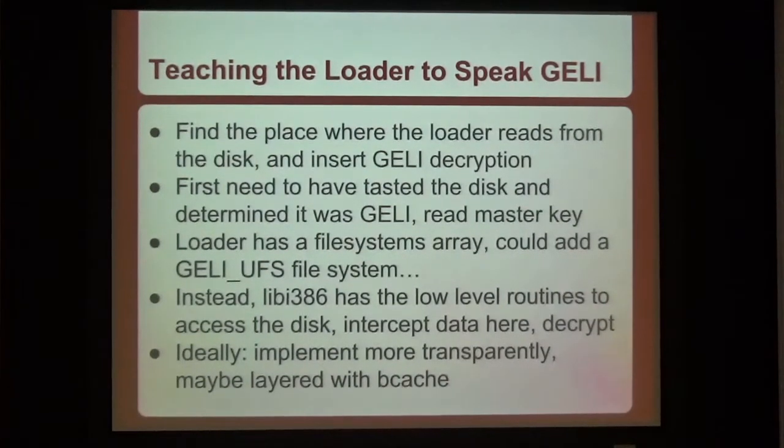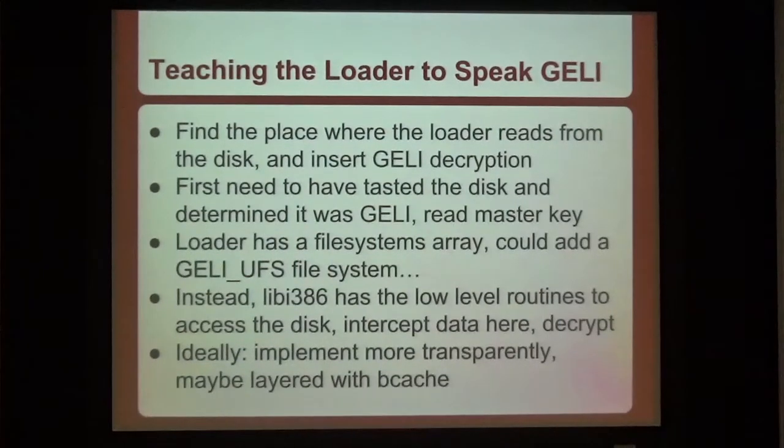But luckily, eventually I found in libi386 the actual low level routine that does the BIOS calls to actually read from the disk. And I added some code in there so that when you open the disk, it checks if it's GELI, and if it is, it keeps track of that. And then when you read from a disk or a partition that's known to be GELI encrypted, it decrypts the data before returning it up the stack.